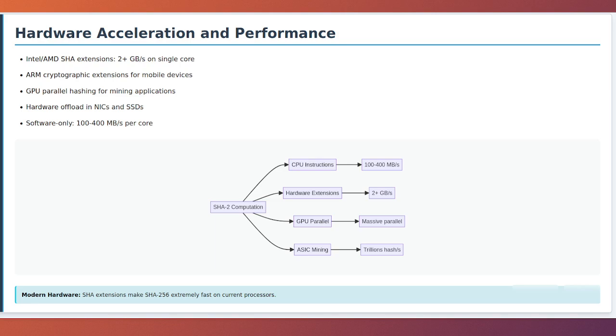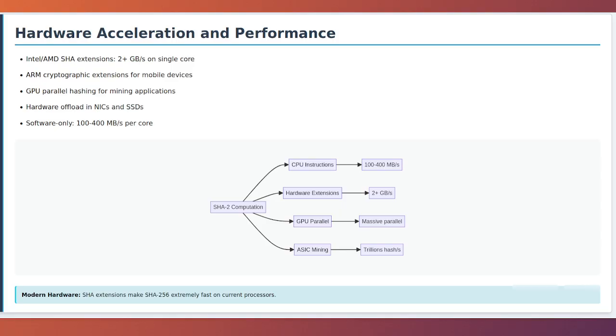These instructions, like SHA256RNDS2 and SHA256MSG1, can compute multiple SHA-256 rounds in a single instruction, providing massive speedups. With these extensions, a modern CPU can hash over 2 GB per second using SHA-256.